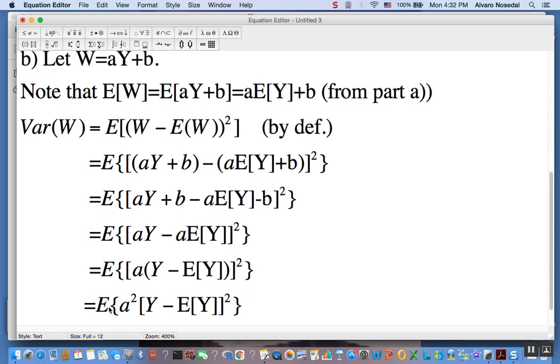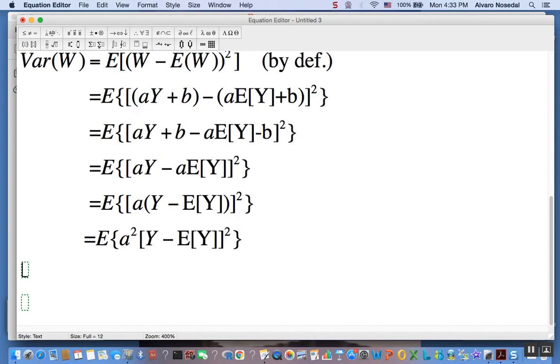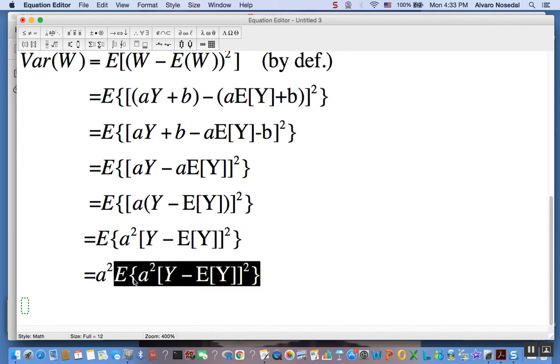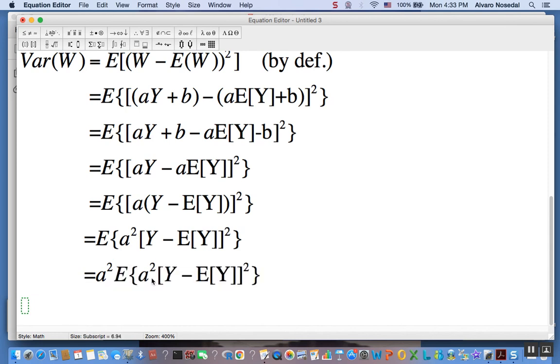But now, this is the expected value of a constant times something. I get to factor out that constant. Let me factor out that a squared, and then we have that expected value without the a squared.